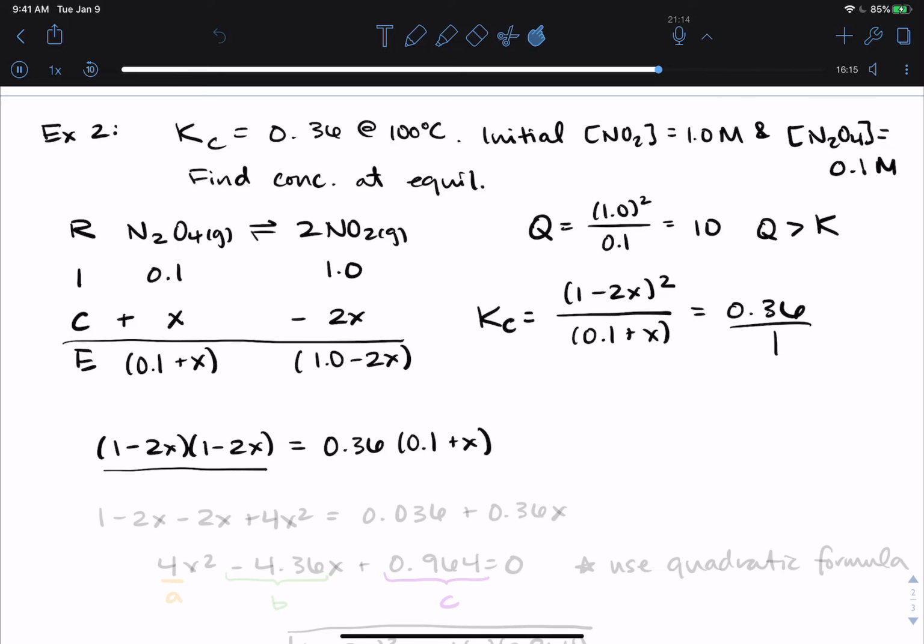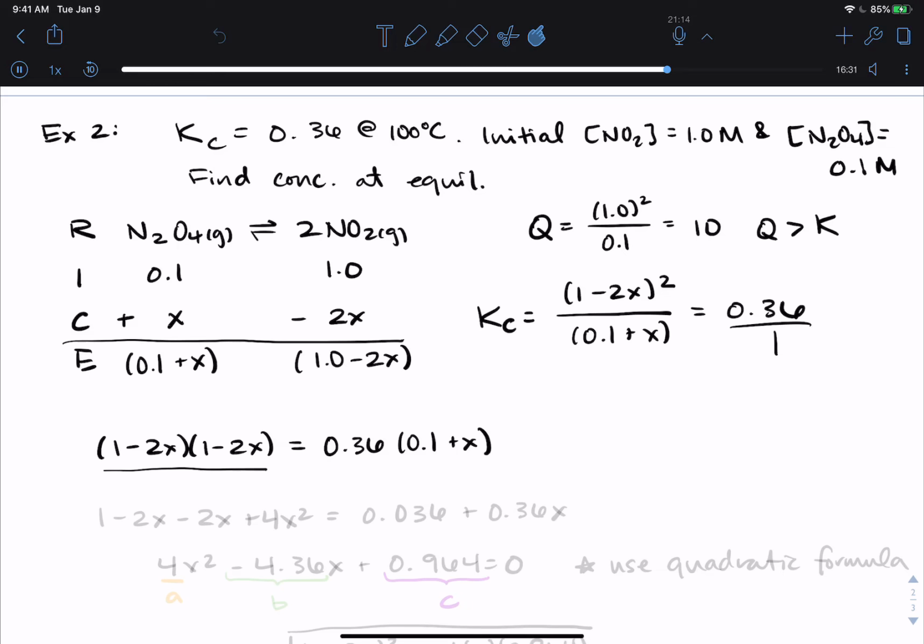This does not expand to 1 plus 4x squared. You have to distribute the 1 and distribute the minus 2x through the entire parentheses after it.